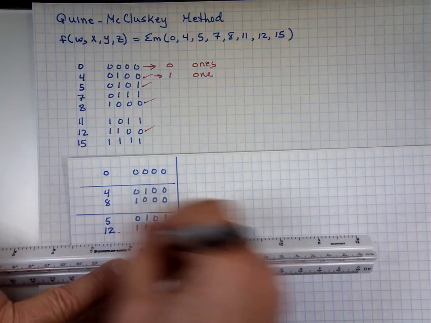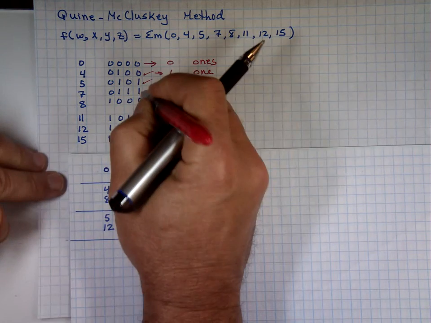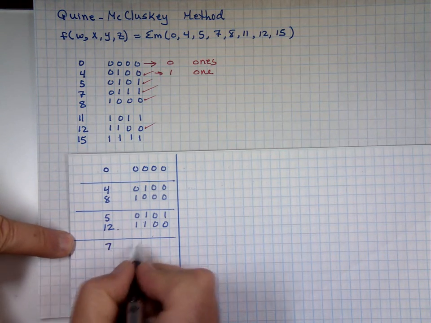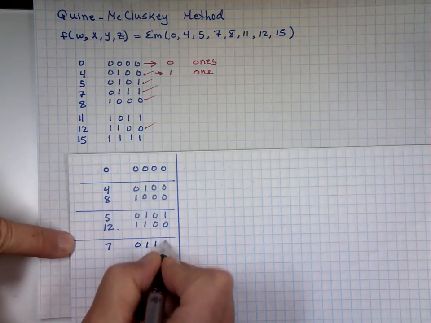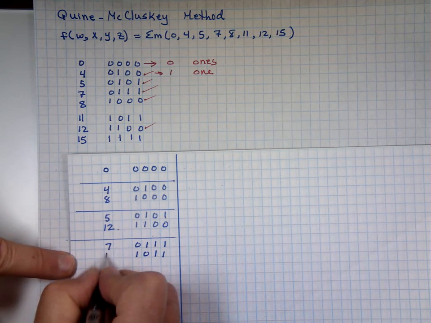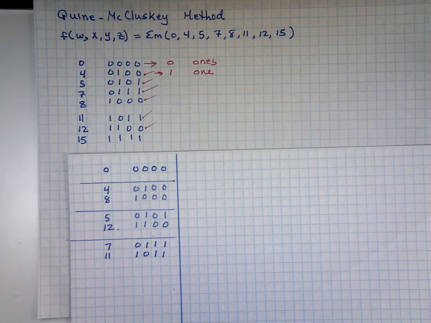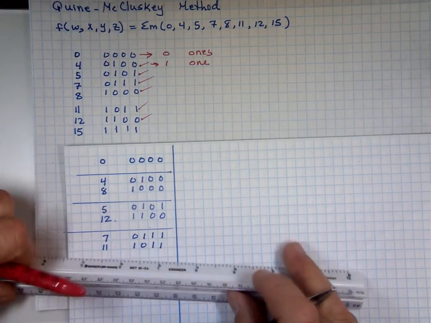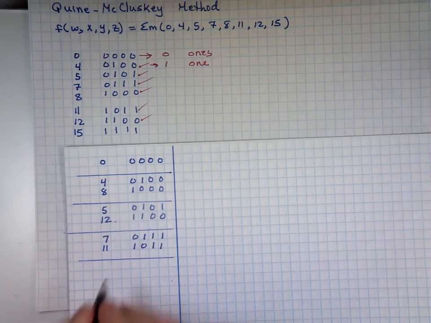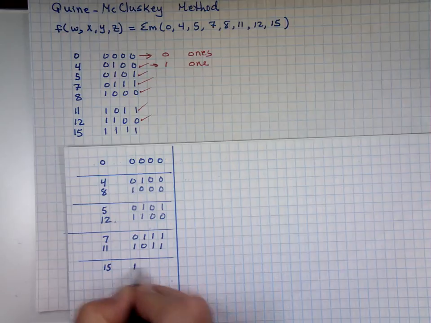The next group, the 3 ones, I see a 7 and 11. And the last group is what? 15. 15 all ones, right? Groups of 4 ones.